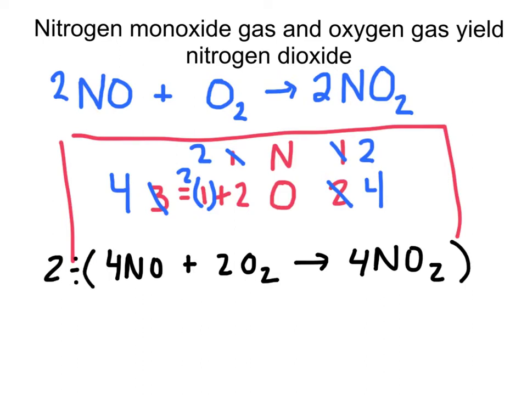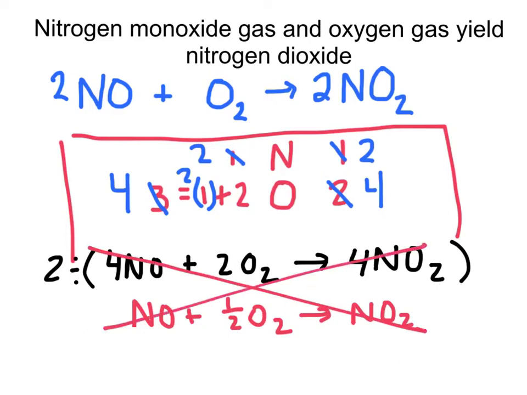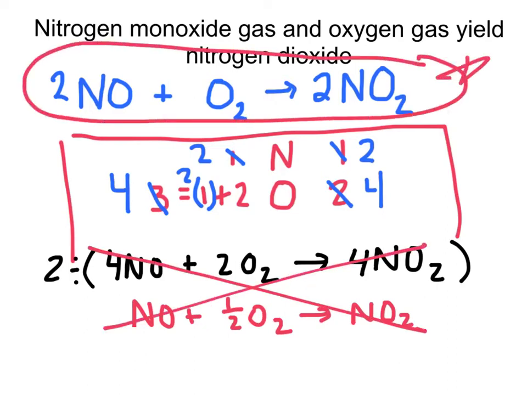In the same line of thought, I couldn't say NO plus 1/2 O2 yields NO2. There are some cases where you use that later, but we are only going to balance with whole number ratios. So these right here, we don't want to do. We do want to end up with a whole number ratio, okay?